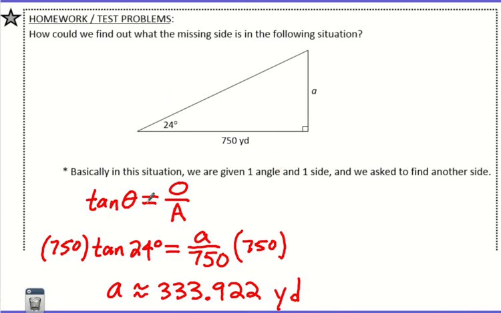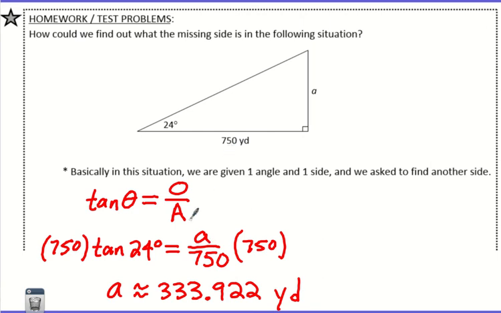When we plugged in everything to opposite and adjacent, we ended up with A over 750. And solving for A was as easy as just multiplying 750 to the other side. I just want to point out something really quick.